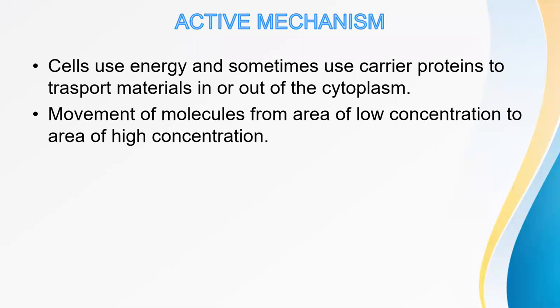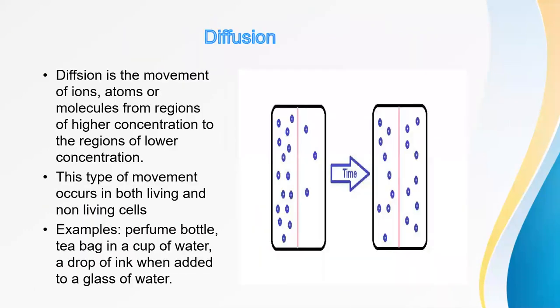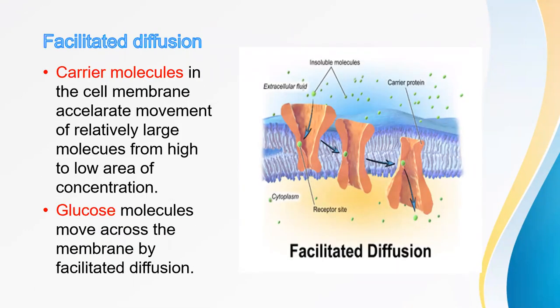Here, in facilitated diffusion, they use proteins. As in our previous lesson, in facilitated diffusion they use carrier proteins for the entering of these molecules from the outer environment to the inside of the cell.